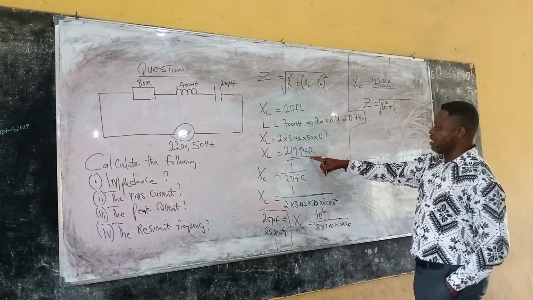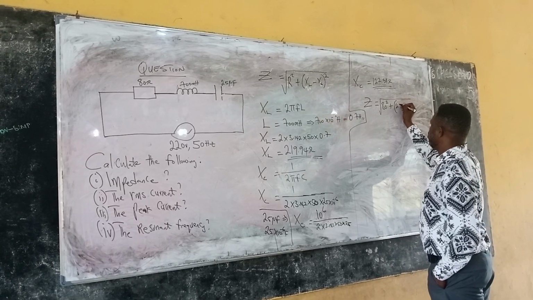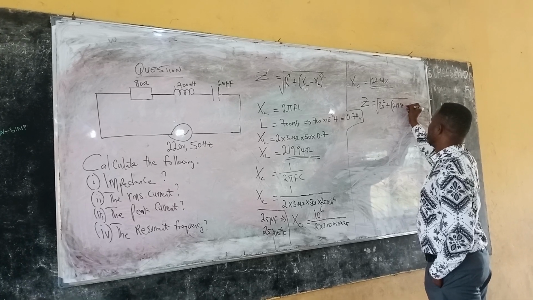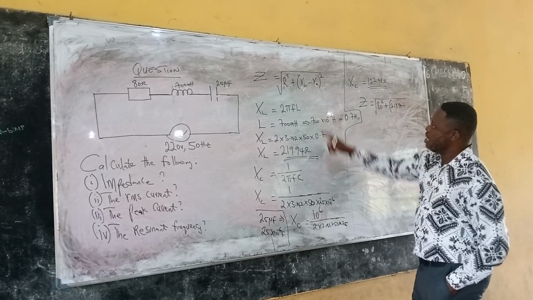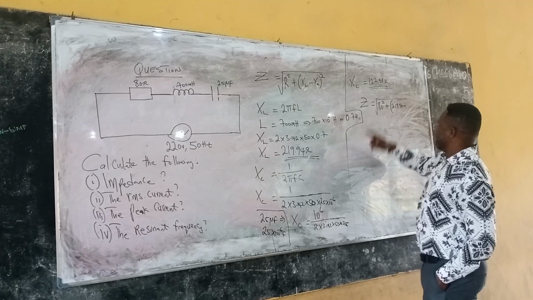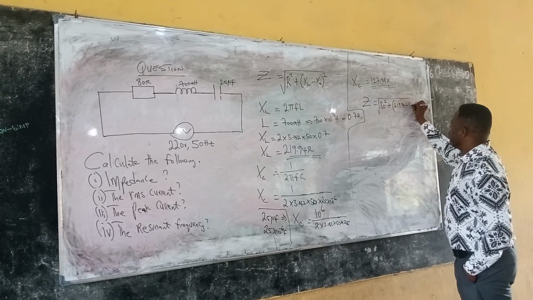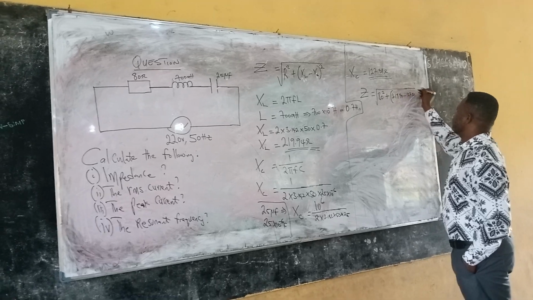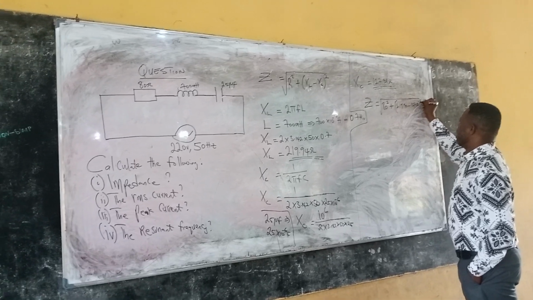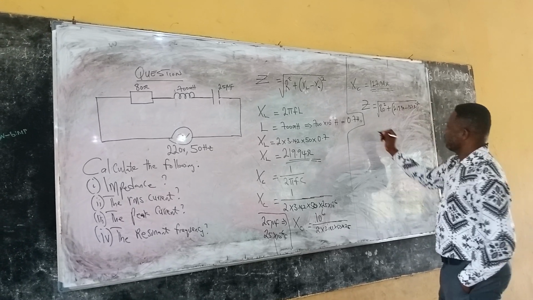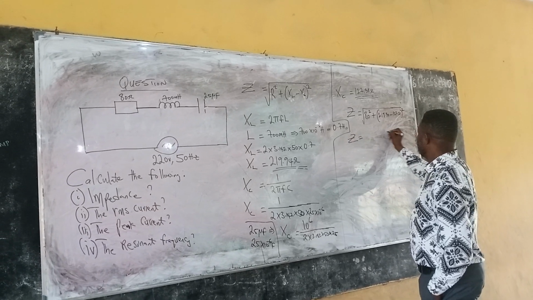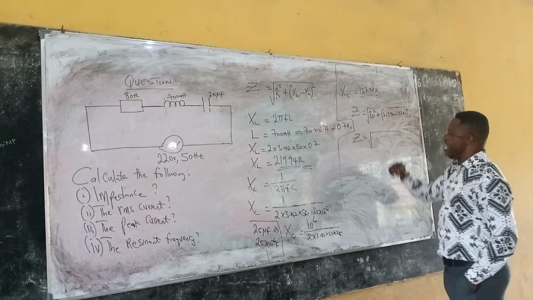XL, we found it to be 219.94 minus XC. Our XC has just been found to be 127.31. Then you close the bracket and you square it. So it means that our impedance will be given as the square root of, please square 80, what do you have?